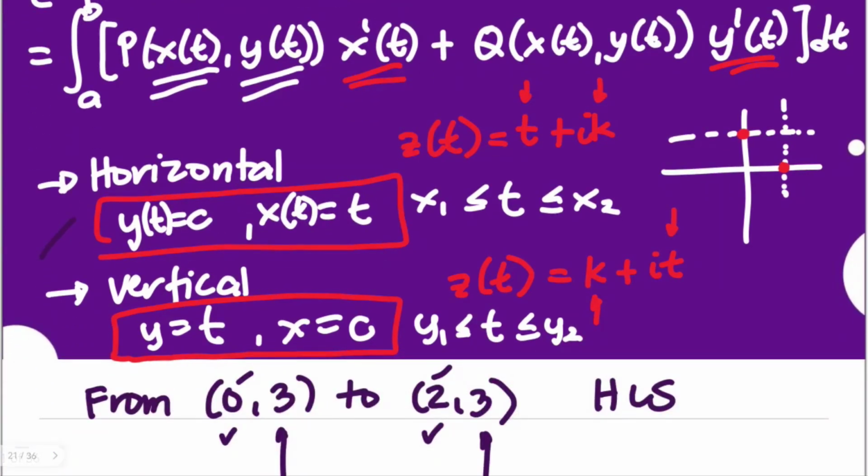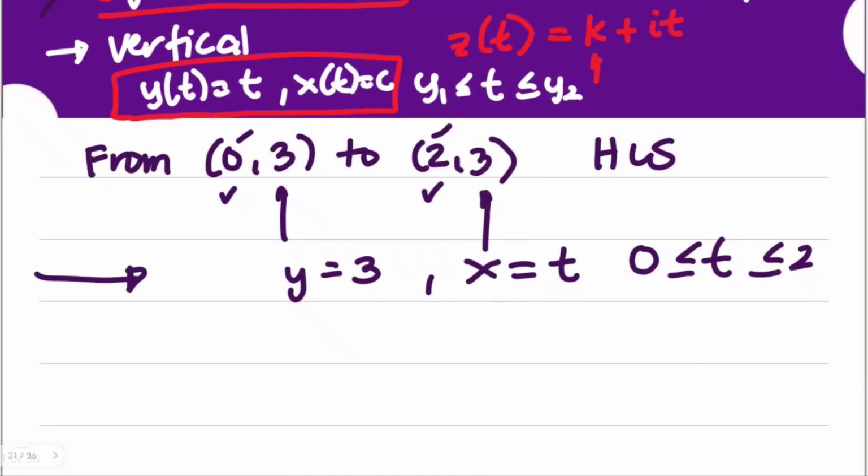As for the vertical, let me rewrite all of this so that it will be consistent with the formula for the real line integral. So y of t is your t here, and then x of t is c. Now, if this is your horizontal line segment, this is your path.